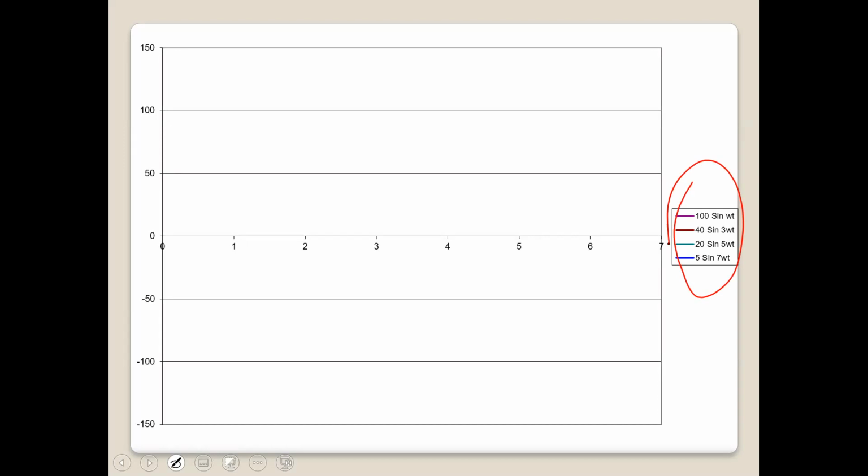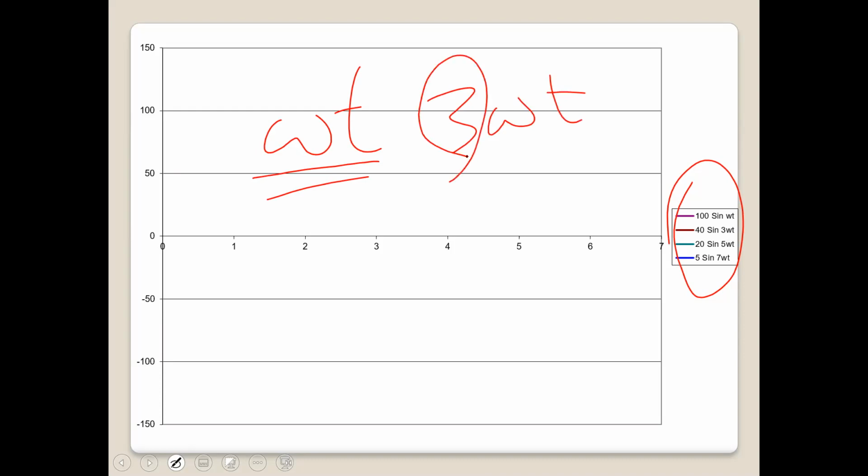Now the omega here is constant. It represents our angular speed, or angular velocity. So the waveform 3 omega t just means that it's going 3 times as fast. Depending on the periodic time for omega t, 3 omega t just means that it would have completed 3 waves within that same time.